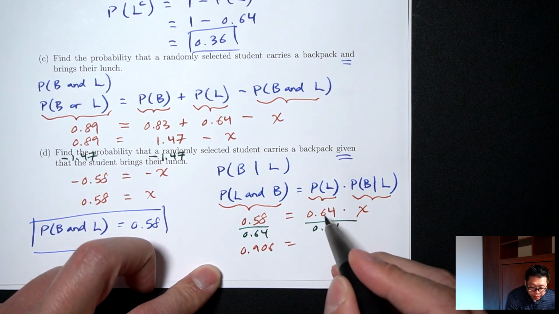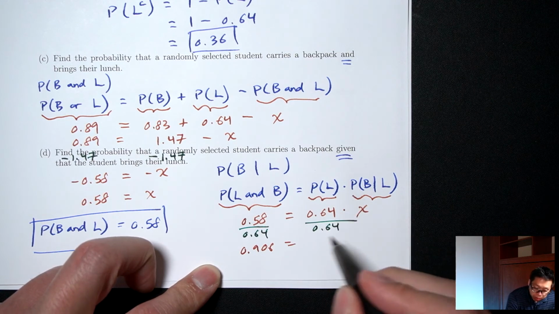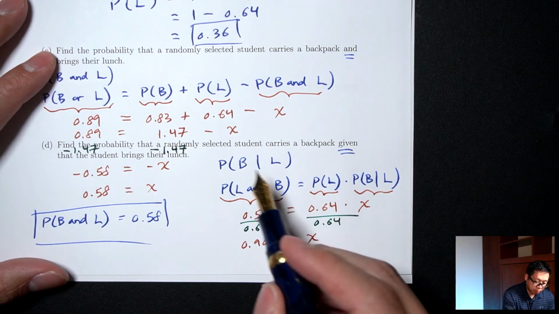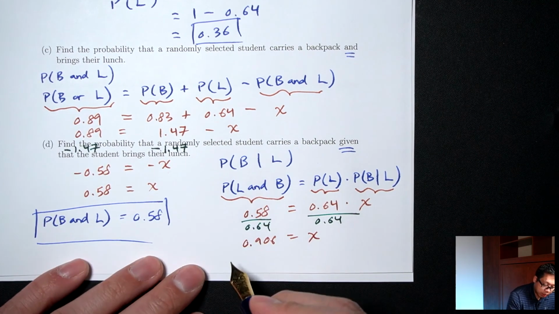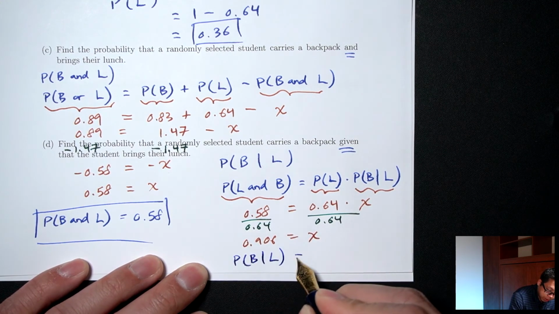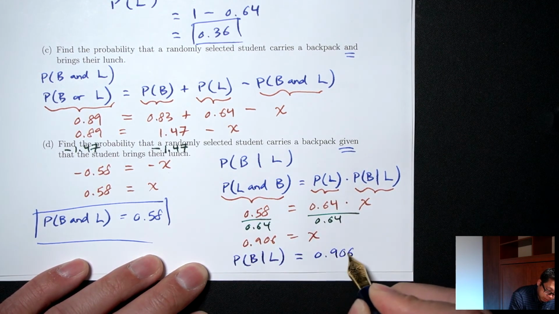On the right side, 0.64 divided by 0.64 cancels out, leaving just an X, and that's our answer. This answer was the probability of B given L, so the probability of B given L is 0.906.